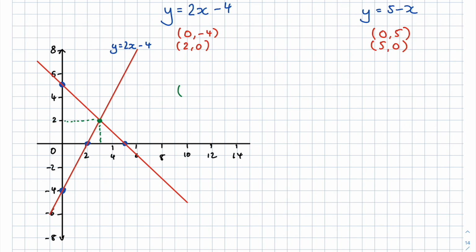So what do these values relate to? The first value tells us the value of x, so x is equal to 3, and y is equal to 2. And that's it.